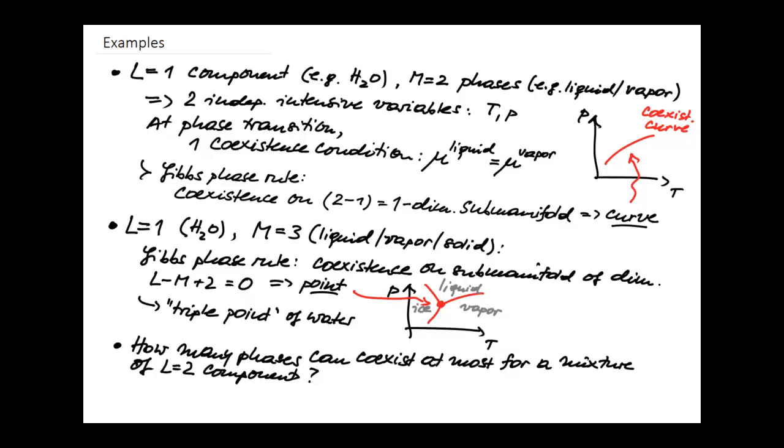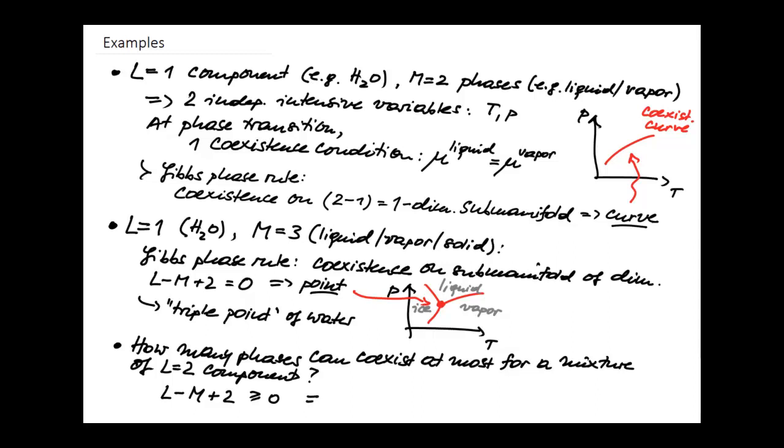Now, what is the condition that must be satisfied so that m phases can coexist? The number of degrees of freedom that you have available, which was given by the Gibbs phase rule, L minus m plus 2, must be non-negative. If it's 0, then you have a point. If it's greater than 0, you have a curve or a higher dimensional manifold, but it must not be negative.